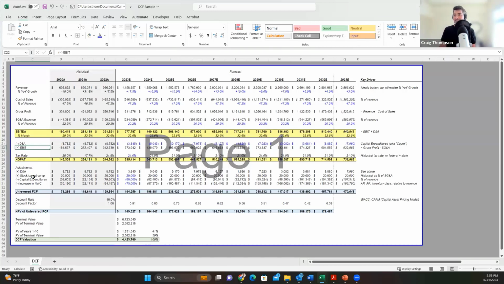We're also adding back, in this case, stock-based compensation. If you pay your employees a combination of cash salary plus some stock, the idea is if you didn't pay them stock, they'd probably request more cash salary. So it's part of compensation expense, but there's no cash that changes hands.